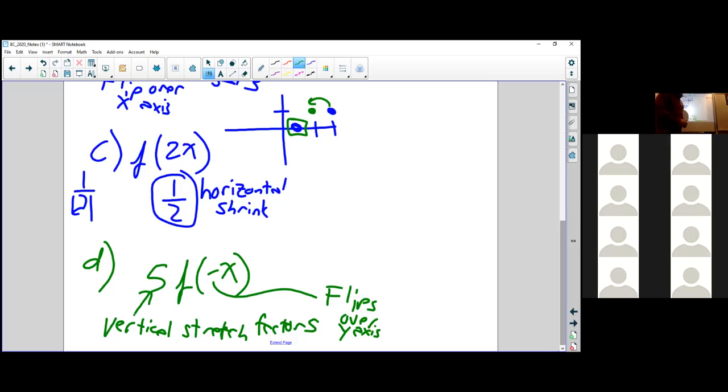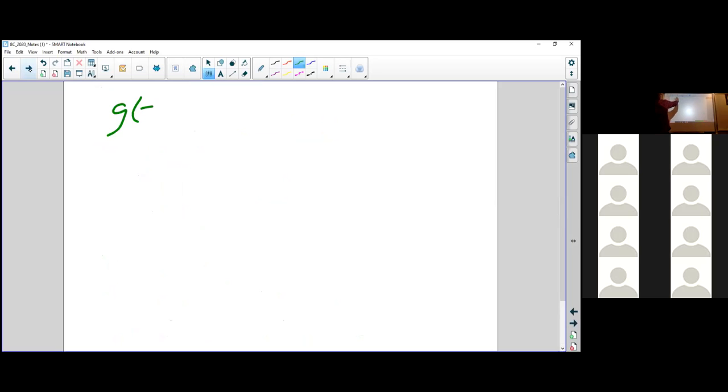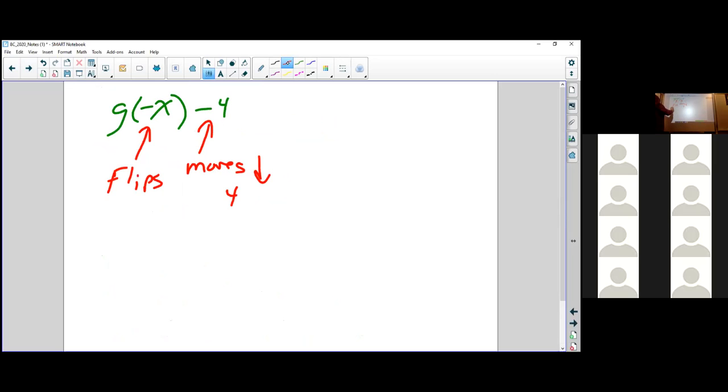And then the next one talks about what does g of negative x minus 4 do? So this moves down 4. This flips over the y-axis. So that is that one.